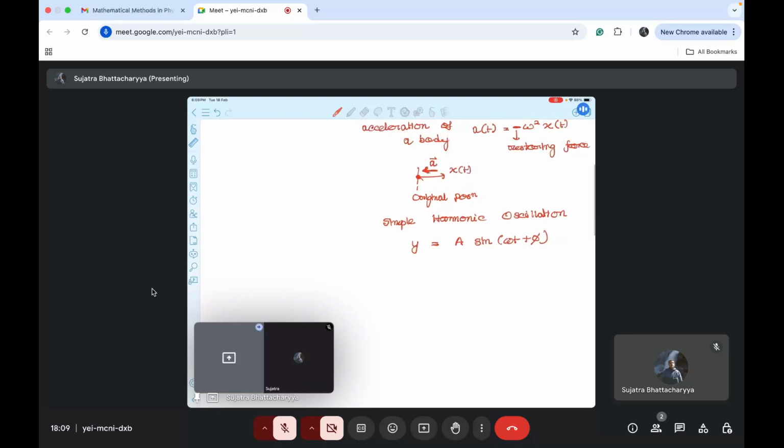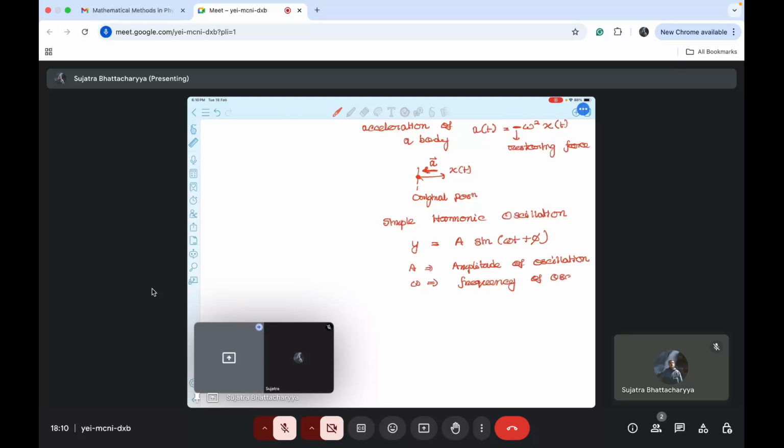Here A is the amplitude of oscillation. Next is omega, which is actually not the frequency but the angular frequency.